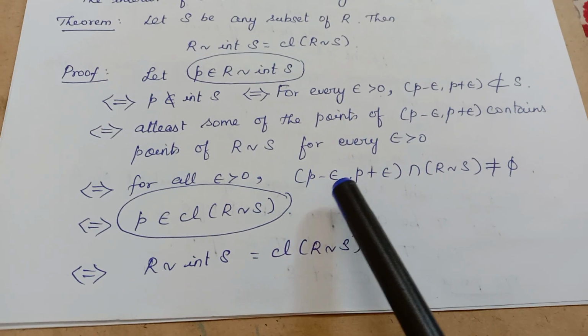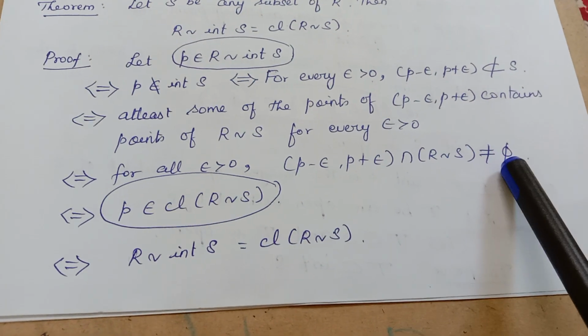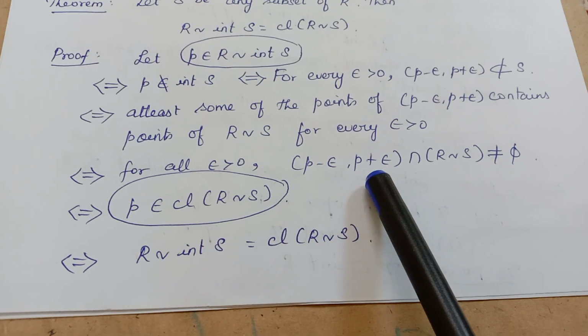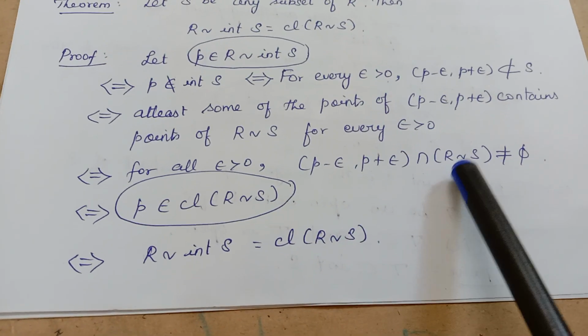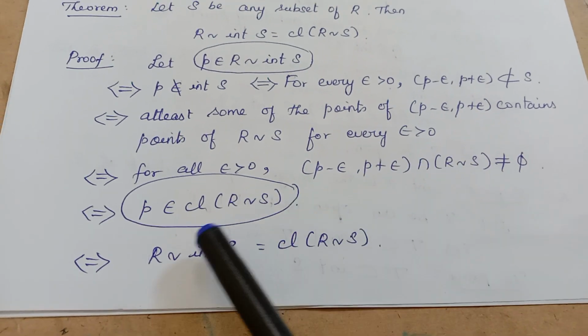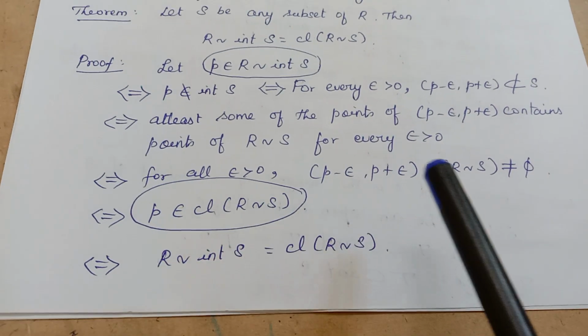The neighborhood intersection with this set being non-empty means this point P is an adherent point for this set. What is this set? R minus S. So P is an adherent point for R minus S.